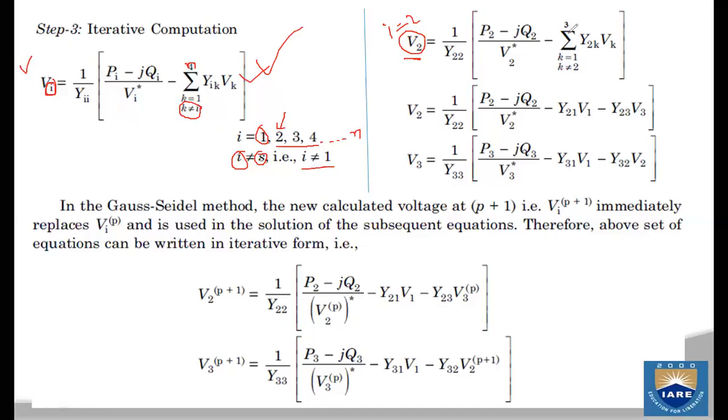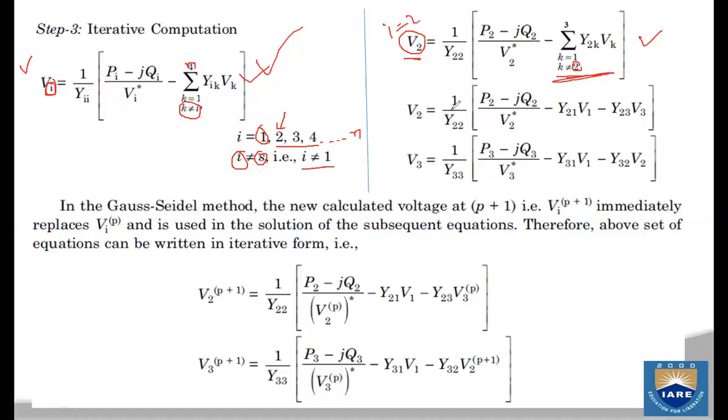So k is equal to 1 to 3, but k should not be equal to 2, because you are solving for the voltage at the second bus. So this is the voltage equation at bus number 2.